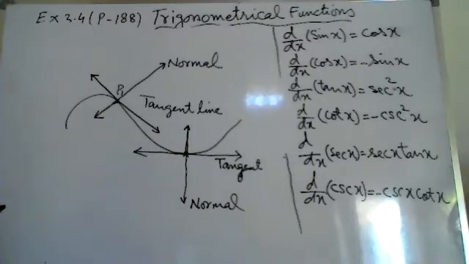So we must be given two things: one, the equation of the curve, and second, the point at which we have to find the equation of the normal and the equation of the tangent.